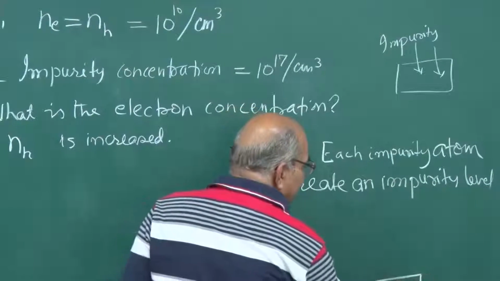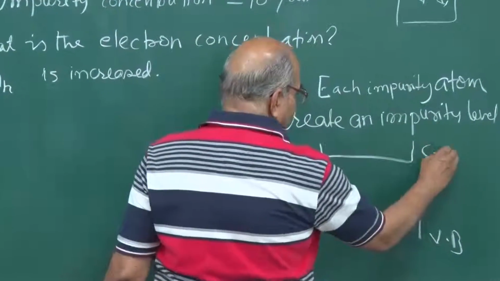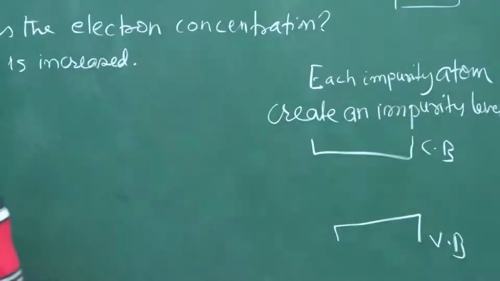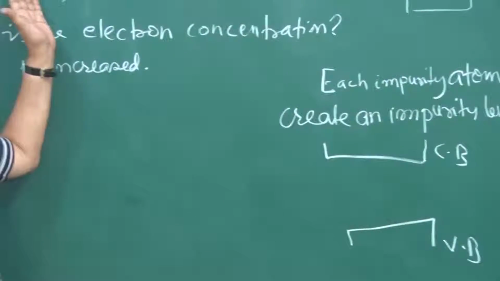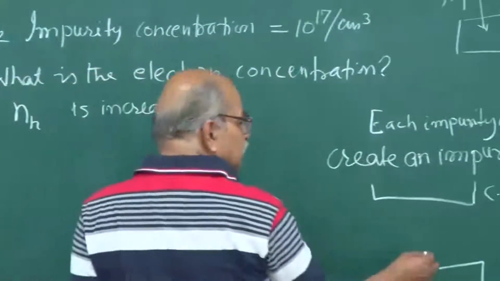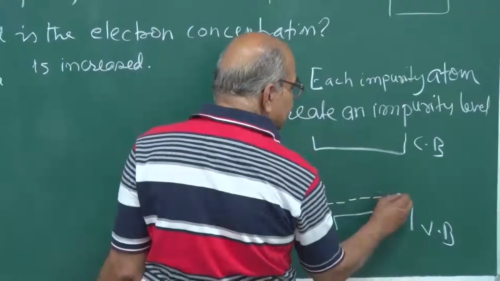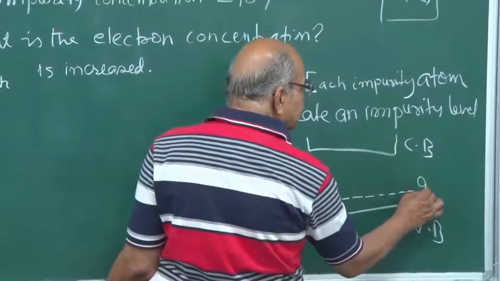If you have the valence band and the conduction band, and you dope this p-type impurity to make it p-type, then new energy levels are created near the valence band. These are the impurity levels.